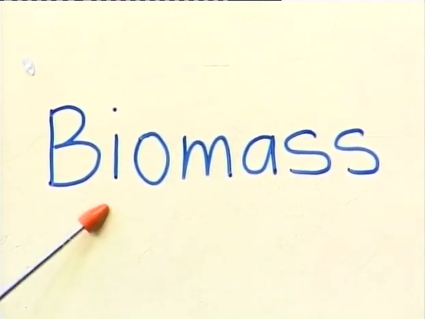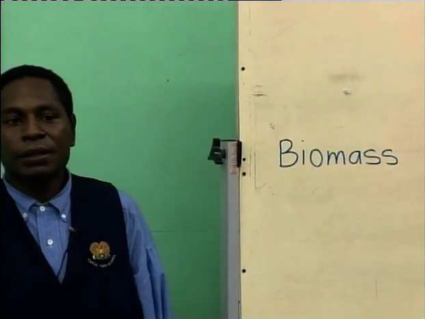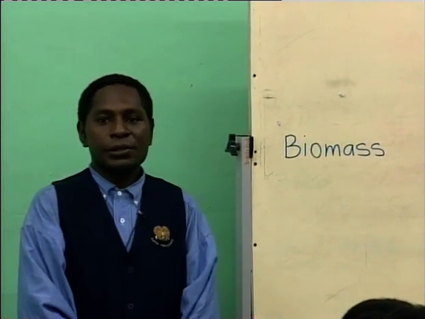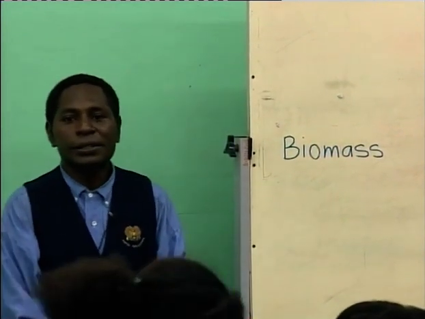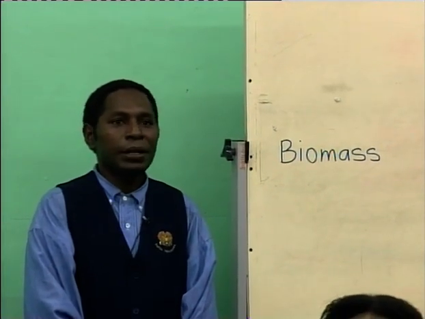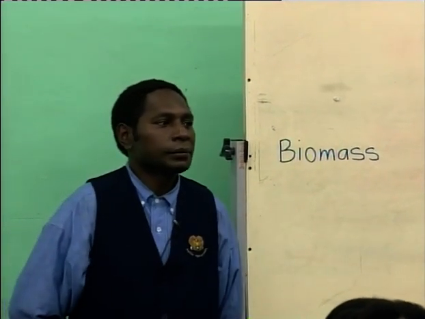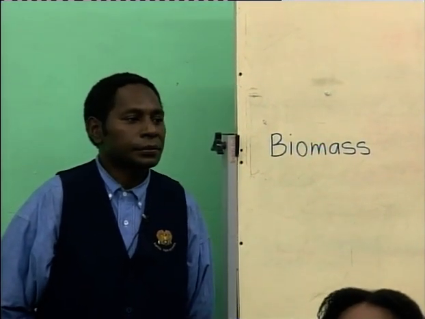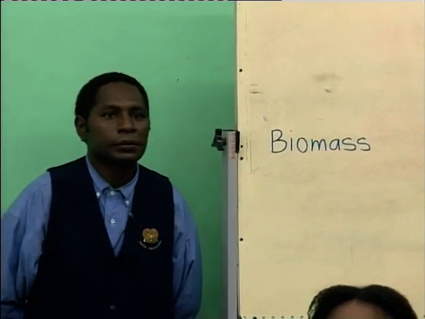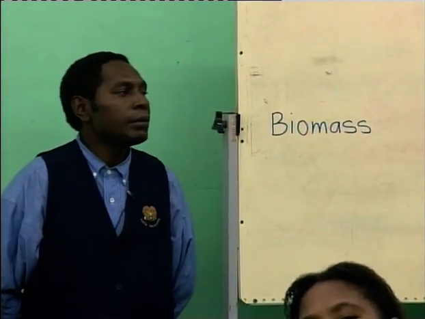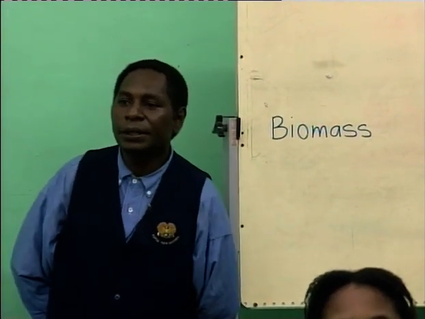This word here. Okay, biomass. Biomass consists of two words. Now let's hear from Begley. Receiving students, you may also tell your teacher. Begley, what do you think biomass is? Biomass means a living thing.